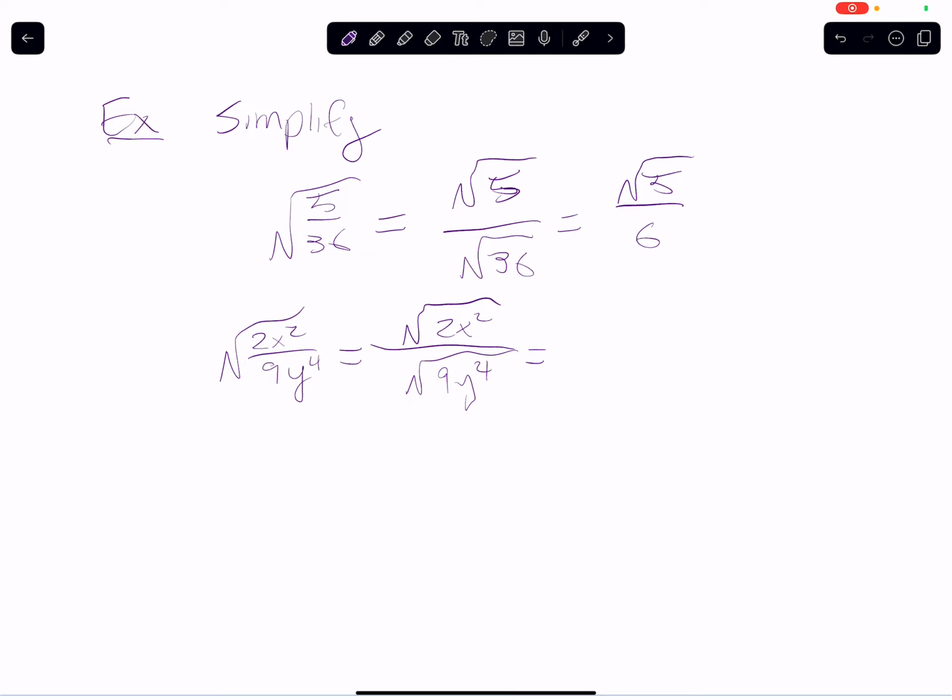Yes, there are. x squared is a perfect square, so we're left with, in the numerator, the square root of 2 times x, divided by, do we have any perfect squares in the denominator? Well, both of those are perfect squares. The square root of 9 is 3, and the square root of y to the 4th is y squared, which is our final answer.